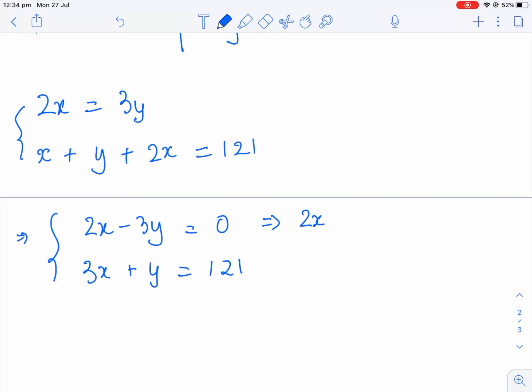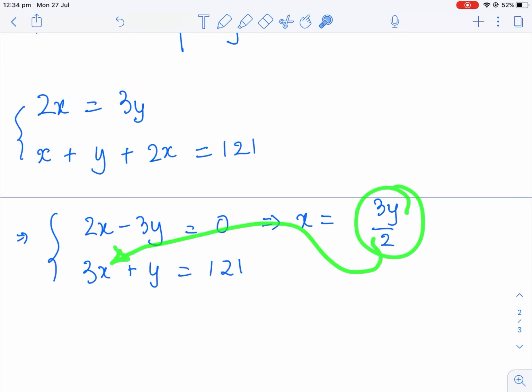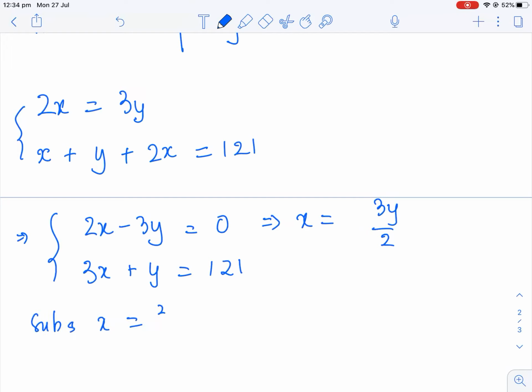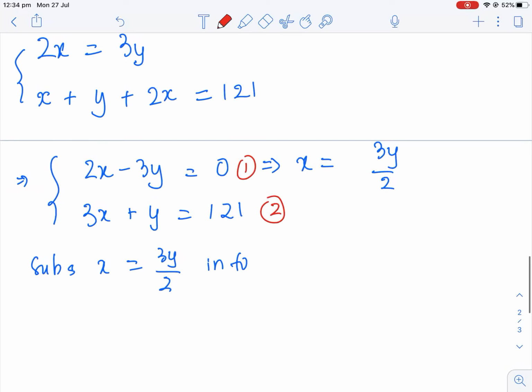So from here, I have x equals 3y divided by 2. And then I'm going to substitute this value into the other equation. I substitute x equals 3y divided by 2 into equation 2.